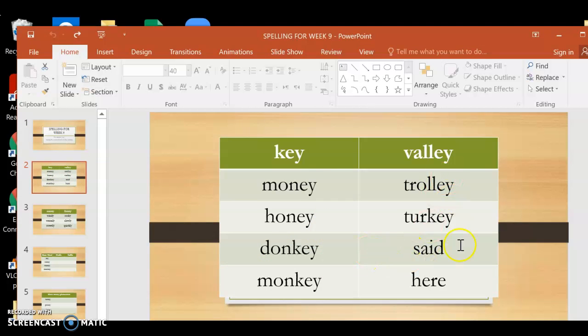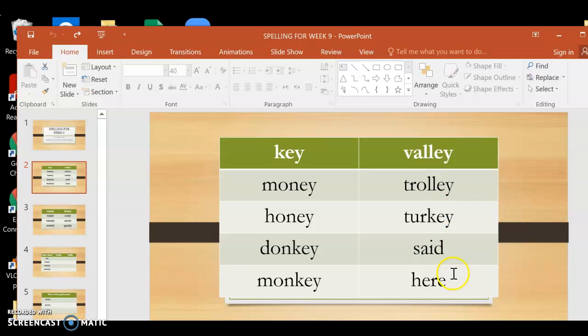So we've got some words here. They end in EY. We've got key, money, honey, donkey, monkey, valley, that's the space in between mountains, trolley, like our shopping trolley, turkey.